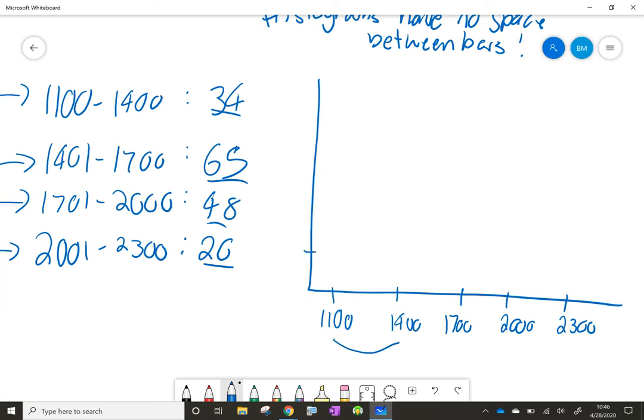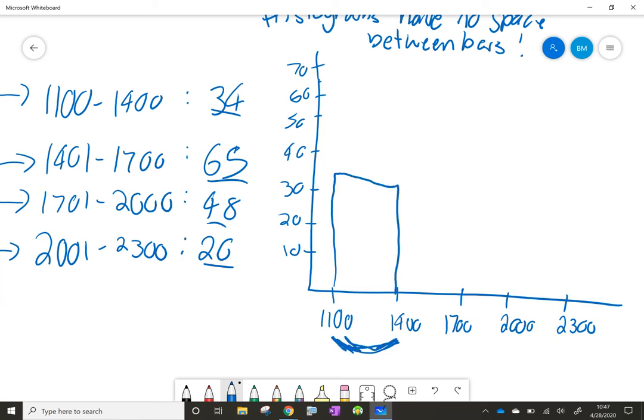So let's go by 10s: 10, 20, 30, 40, 50, 60, and all the way up there to 70. So we'll go up to about 34, right about here, and we'll make our bar. Remember, that bar goes all the way from 1100 to 1400. It includes the entire range that's there, okay?